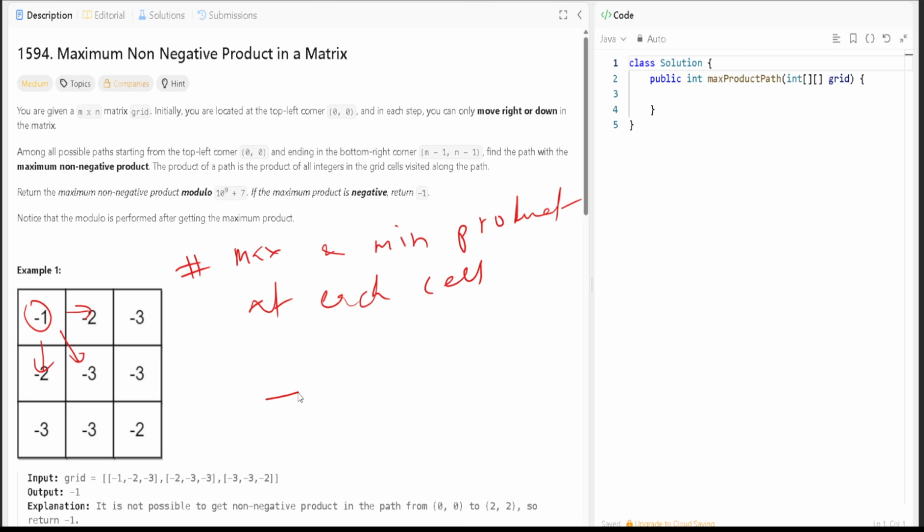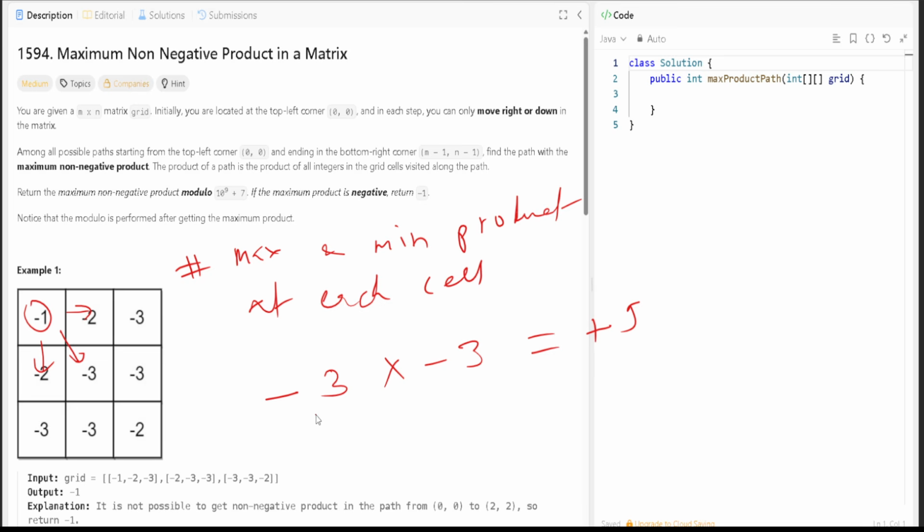Let's suppose some value, in this case we take -3, and if we multiply with -3, it will come positive, meaning 3 into 3 is 9.